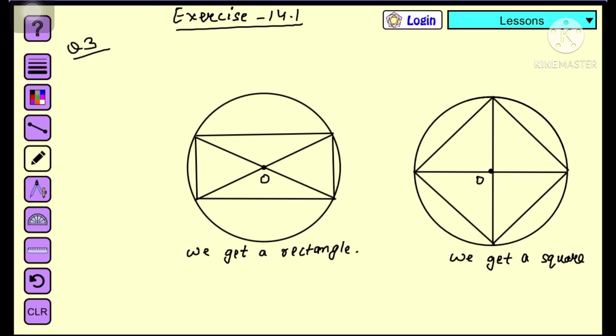Okay, and the last part: how do you check your answer?